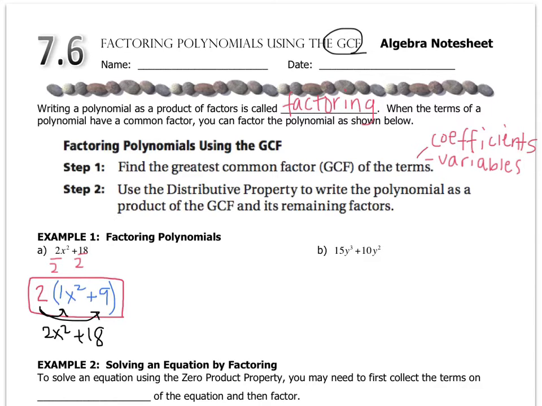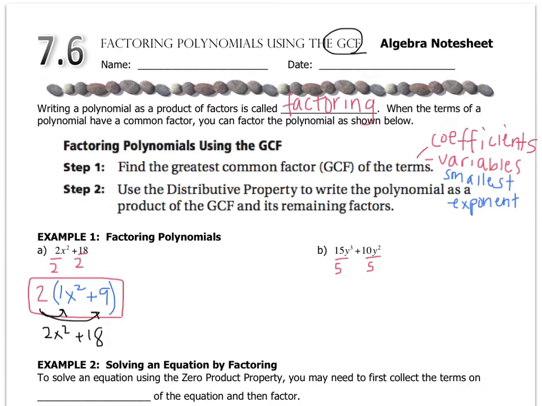Now let's look at one where we have both coefficients and variables in common. So 15 and 10, you want to look at your coefficients first and say what number do they both have in common. The greatest common factor of that is 5. Now you look at your variables, and this has y cubed in it, and this has y squared in it. So here's how you know what the greatest common factor of them is: the greatest common factor of variables is always the smallest exponent.